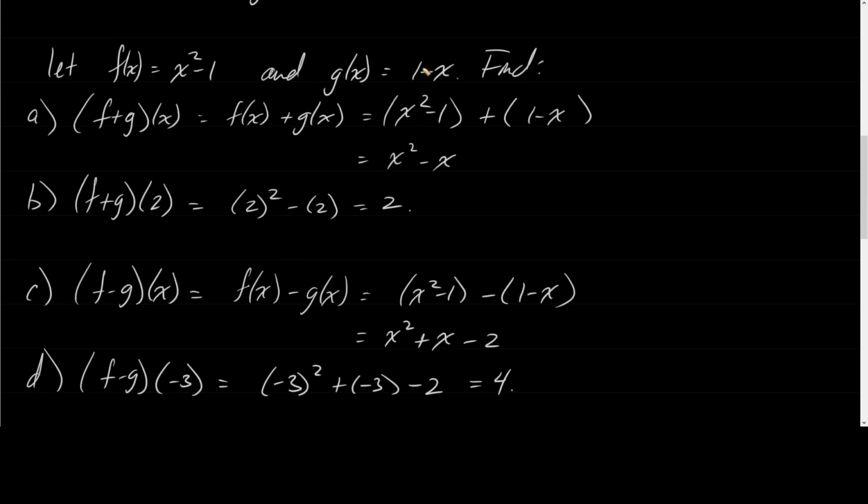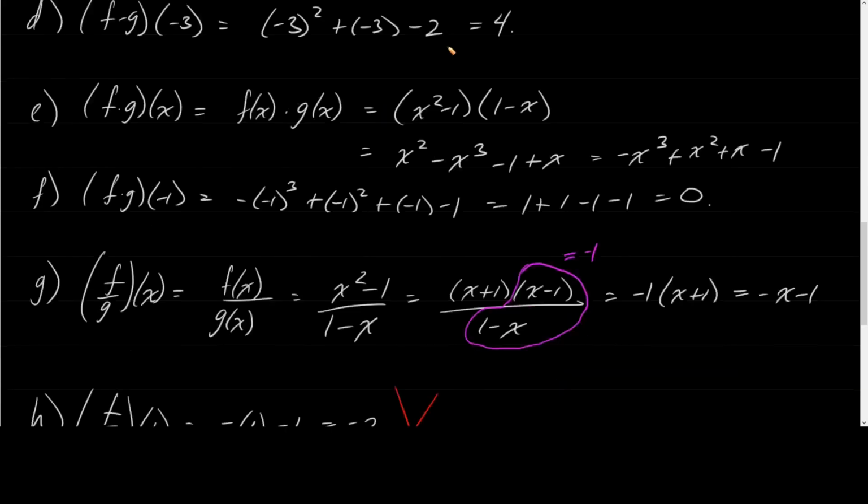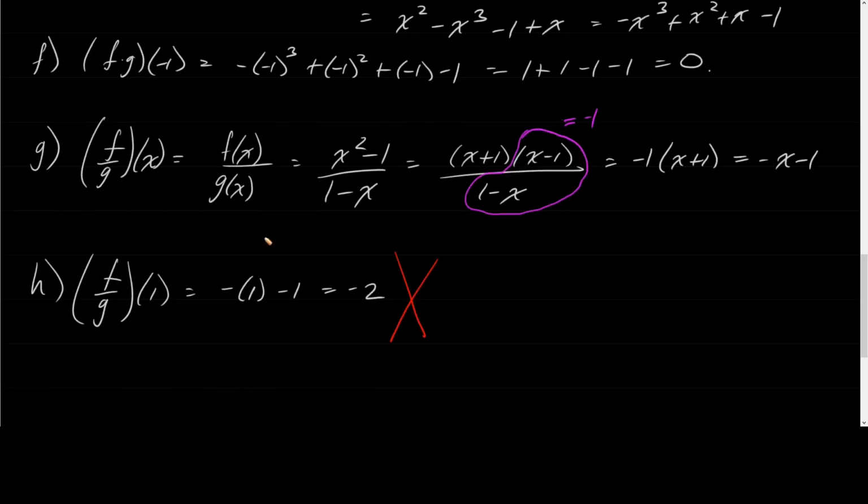So we wouldn't have been able to plug 1 into this statement because it would have made the bottom 0. 1 minus 1 gives us 0, so we can't plug it into the simplified version either. So it turns out that this is wrong, and the correct answer here should be undefined, or no solution. Undefined makes more sense because it is not defined at that value.